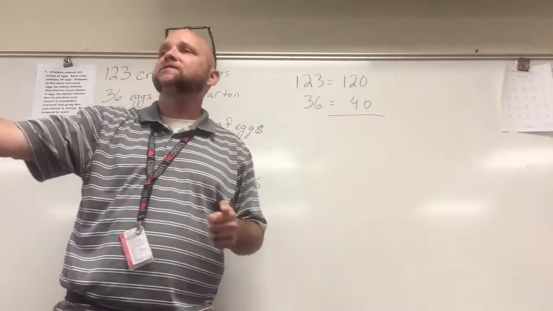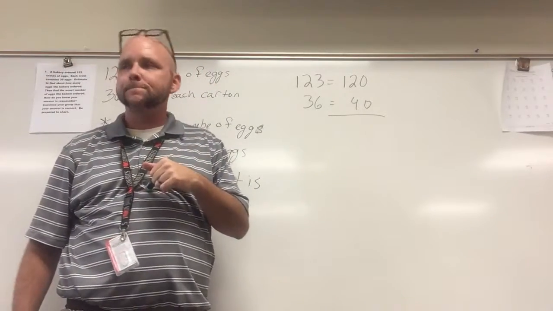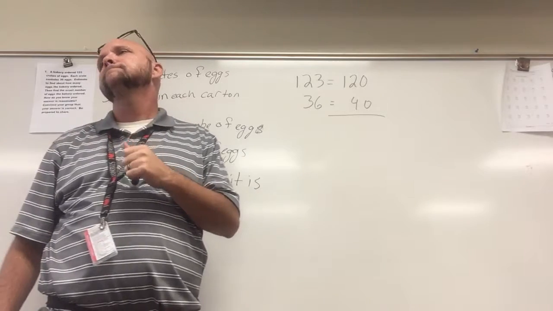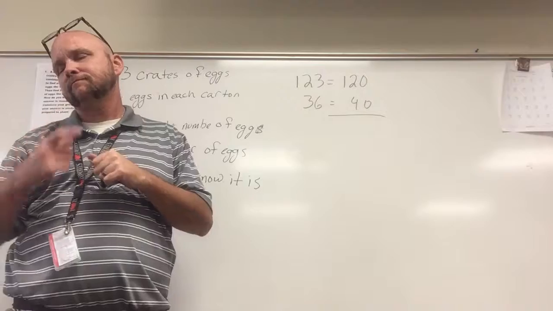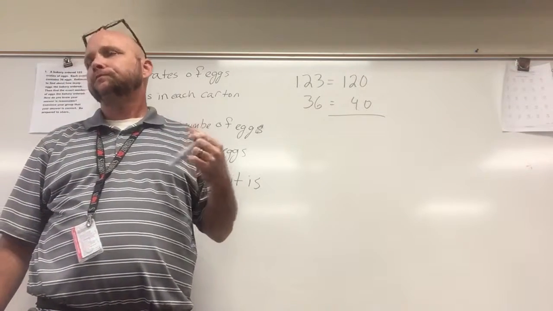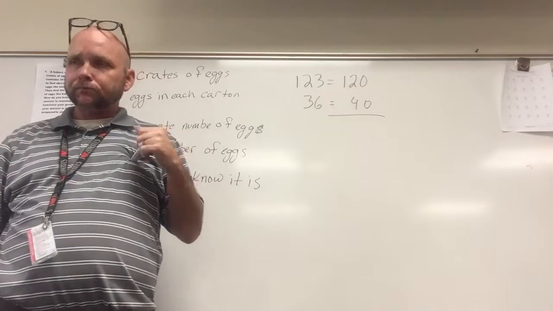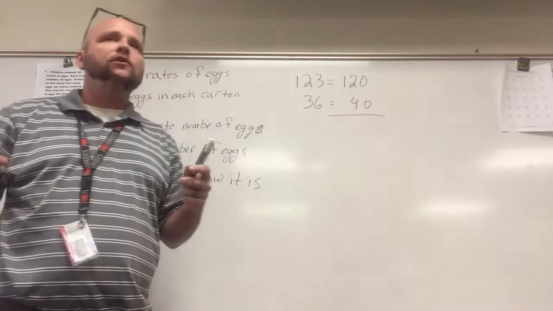And explain to me the zero rule, Jesse. A zero rule is when you're multiplying numbers that have zeros, you take them away and then you multiply the rest of the numbers. And then when you get the answer, aka the factor, the product, yeah, product, you add the zeros and then you get the answer. Okay? So that's the zero rule.